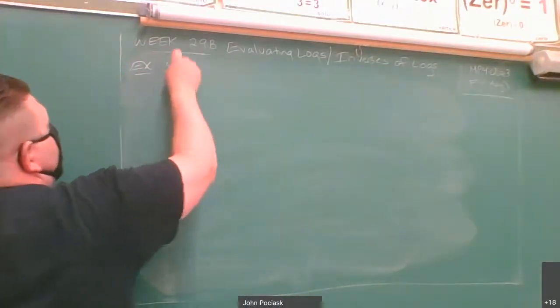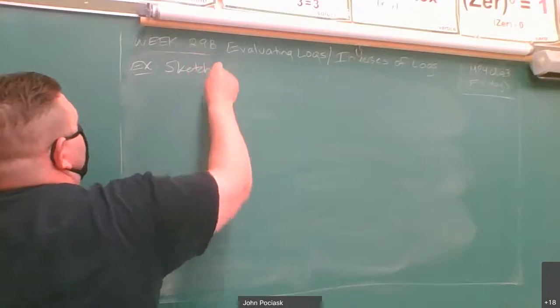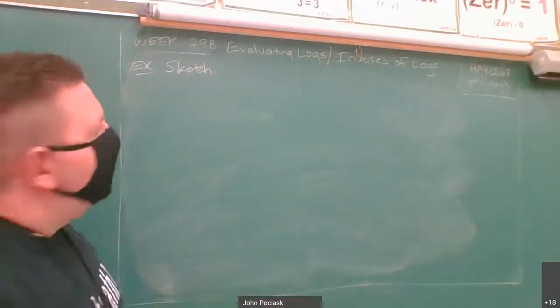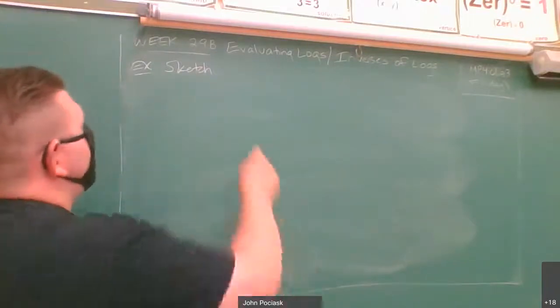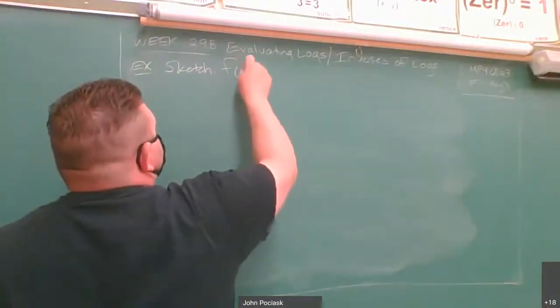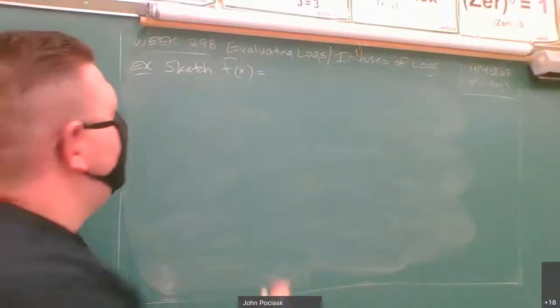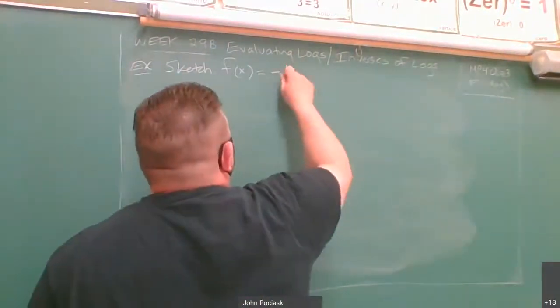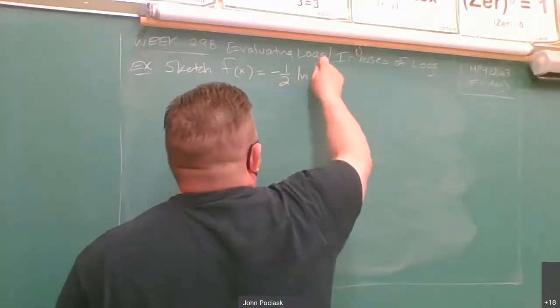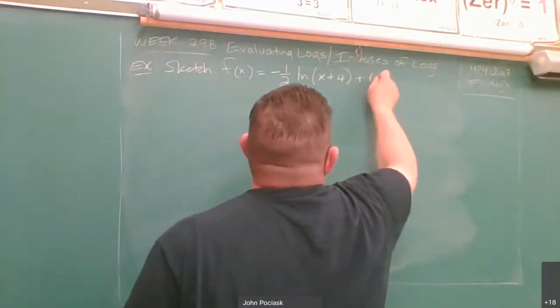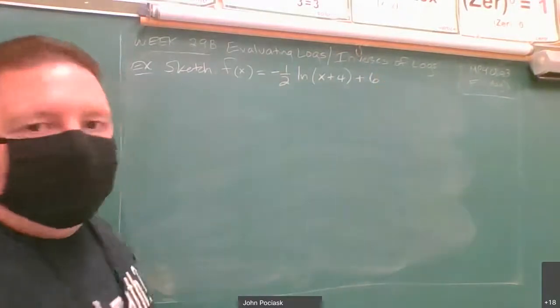All right, so we're going to sketch. And of course, I want the domain, the range, the asymptote, all that stuff as usual. The function is f of x equals -1/2 times the natural log of x plus 4, plus 6.